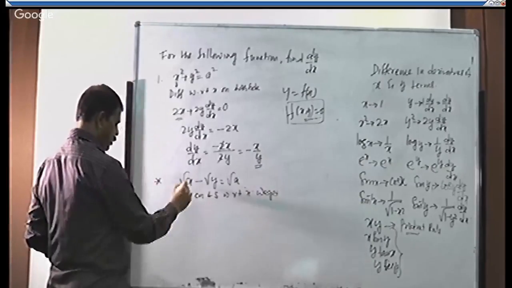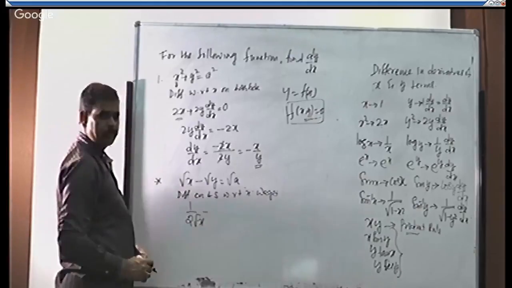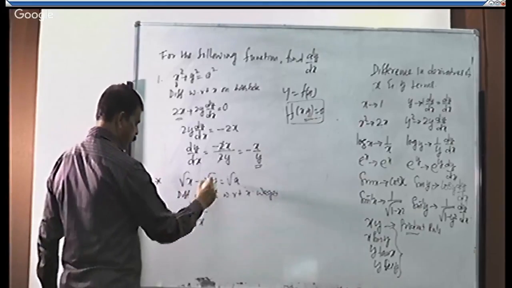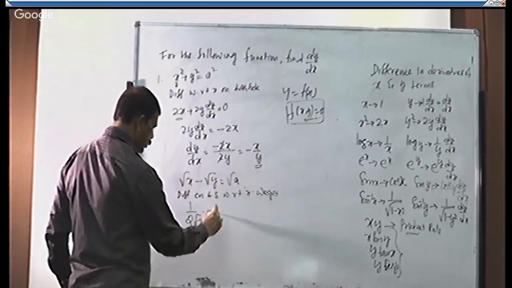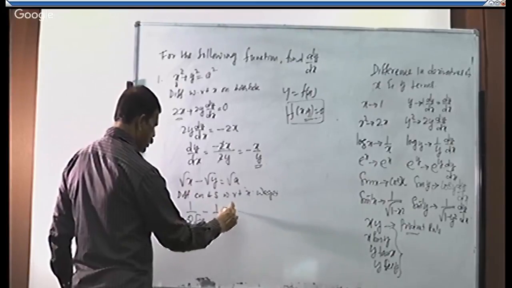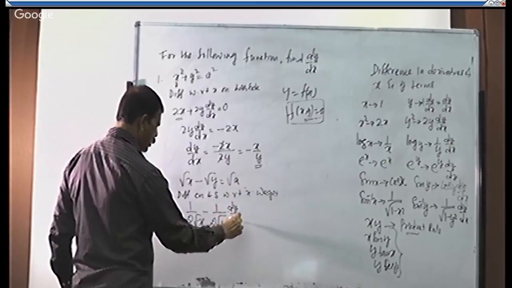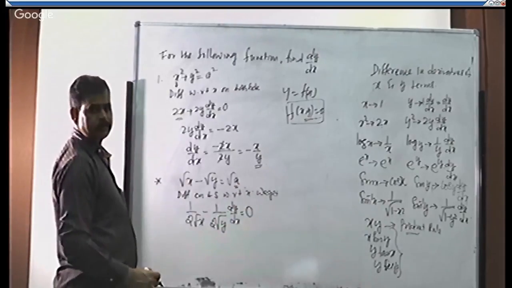We get the derivative of root x, which is 1 by 2 root x, minus the derivative of root y. Differentiate root y similar to root x. That is 1 by 2 root y. But we have to write dy by dx at the end, is equal to the differentiation of a constant, which is 0.